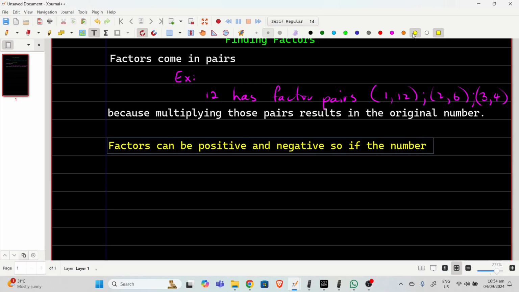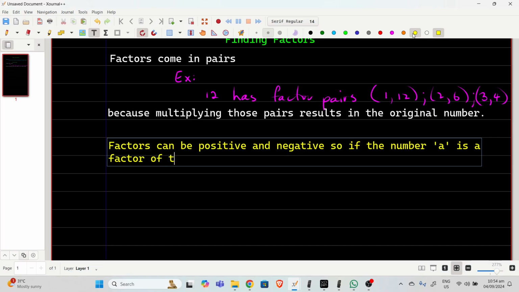If the number A is a factor of the integer B, then negative A is also a factor of B.